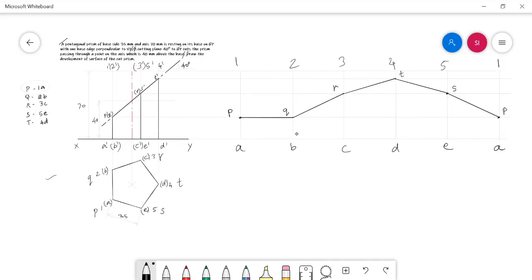You need to highlight the edges in the retained portion only by using the HB pencil.